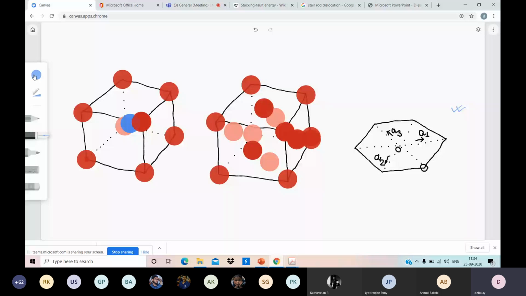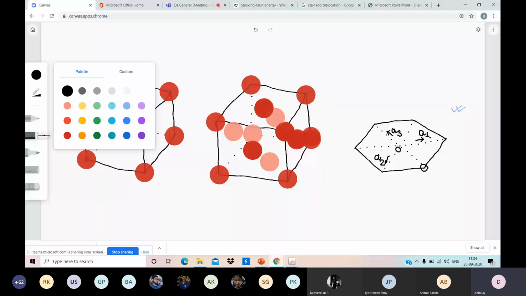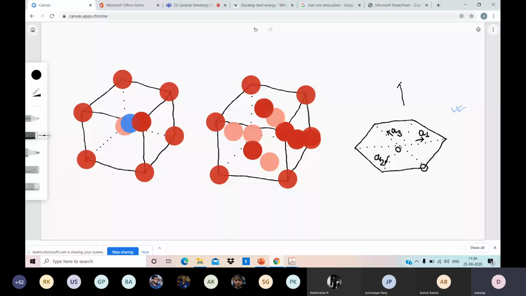And this direction is L, the height or length, which is 0 because there will be no movement in that direction. Now there is an obligation in HCP lattice Miller indices that it is represented by H, K, I, L, right?